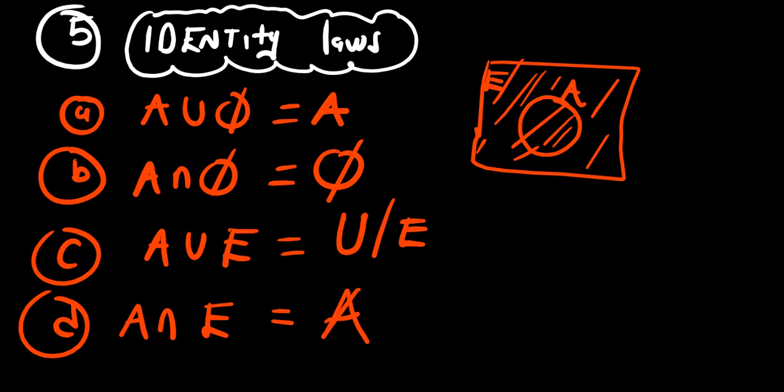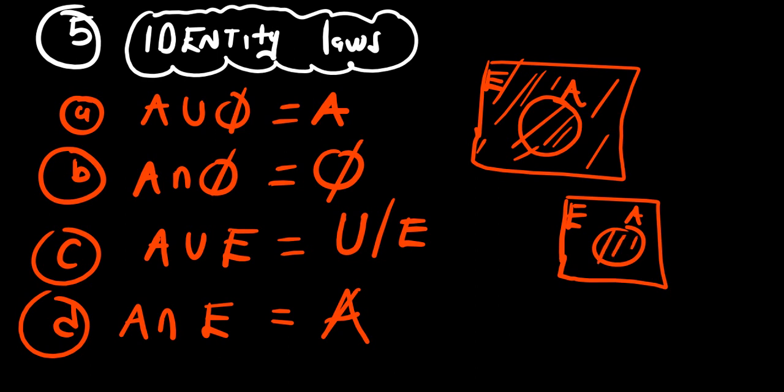You're able to see what is common between the universal set itself and A, or what is found in both. If this is the universal set and this is A, what is common between the universal set and A will just be A itself. So that is very important for you to know.